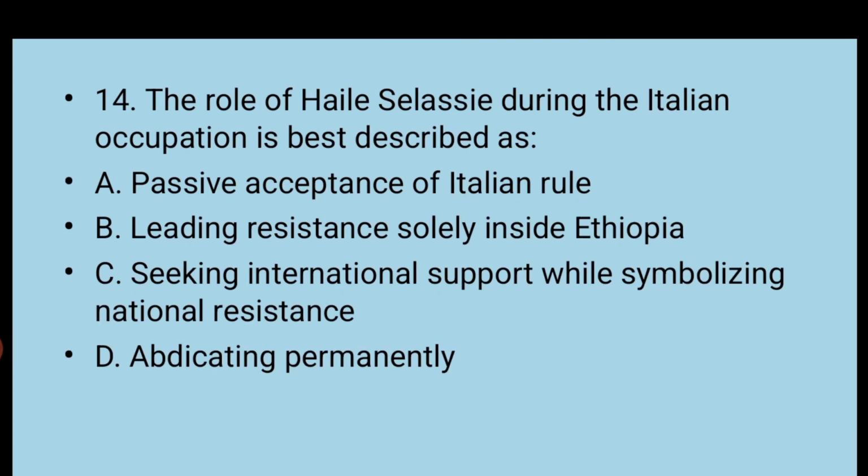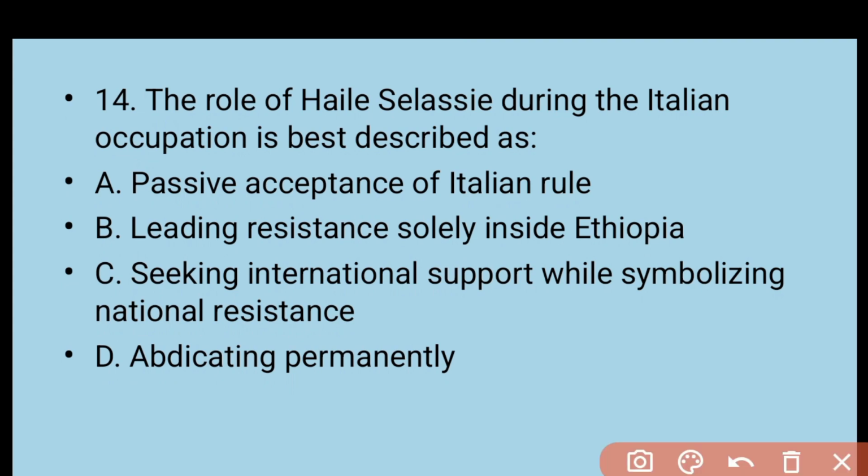Number 14. The role of Haile Selassie during the Italian occupation is best described as: A. Passive acceptance of Italian rule. B. Leading resistance solely inside Ethiopia. C. Seeking international support while symbolizing national resistance. D. Abdicating permanently.